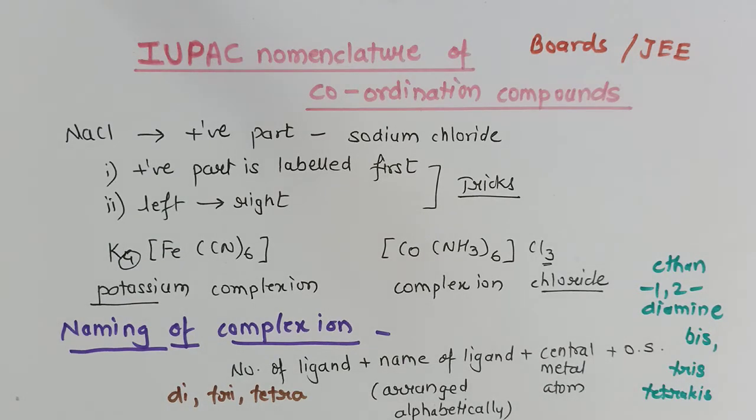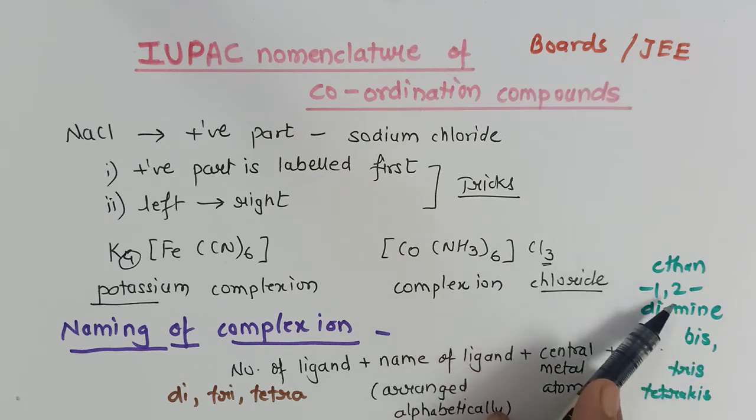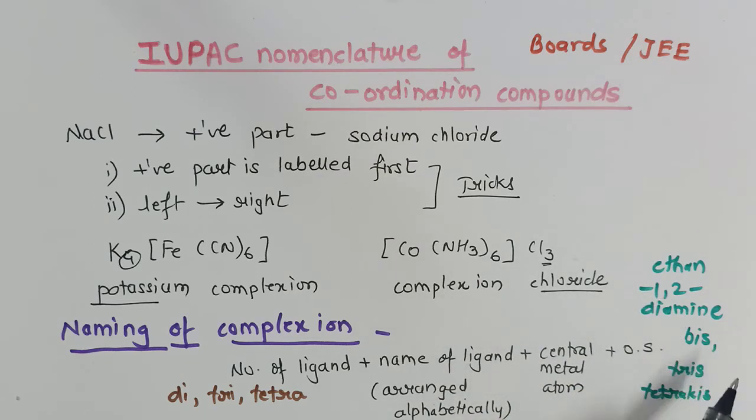So I'll just summarize the thing. For the number of ligands we use prefixes like di, tri, tetra, but there is an exception for ligands which have a number in them. If the name of the ligand itself has a number, then we'll use bis, tris, tetrakis, etc.